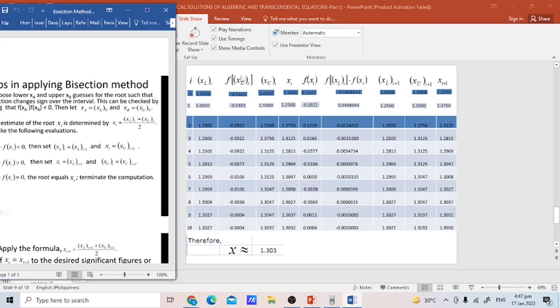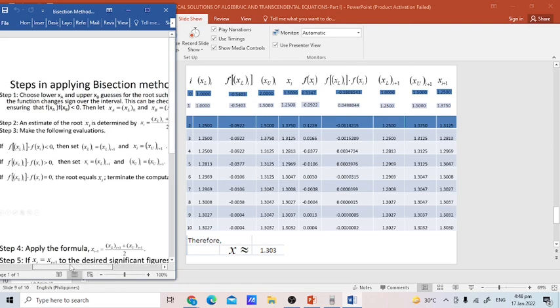Then the function value of that lower value of x. Then x sub u, upper value. Then x sub i. So x sub i can be determined using the formula.